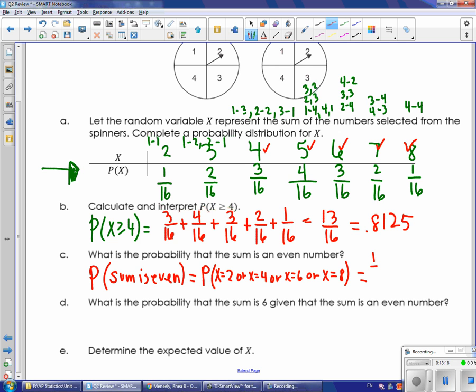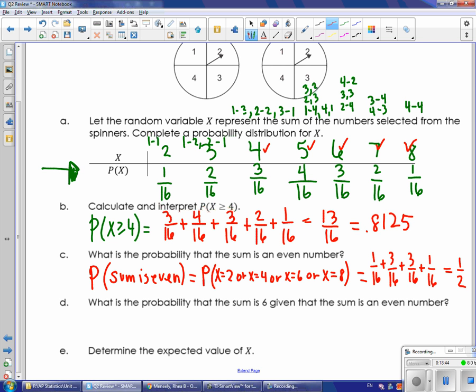So that's going to be 1/16 plus 3/16 plus 3/16 plus 1/16. And so that's going to end up being 8/16 or simply 1/2. And you may have actually been able to figure that out. We should get an even sum half the time, given the outcomes that we already had.